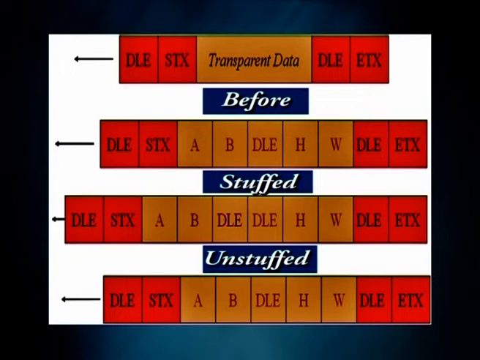The problem with this technique is it is closely tied to a use of 8-bit character. So, in order to remove this problem, a new technique has been developed to allow arbitrary size character. This method is called bit stuffing.